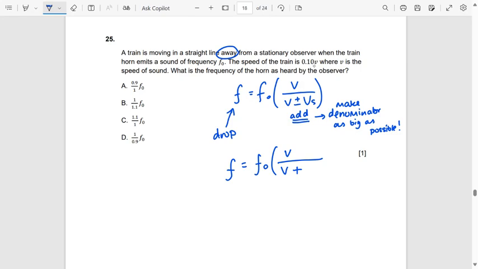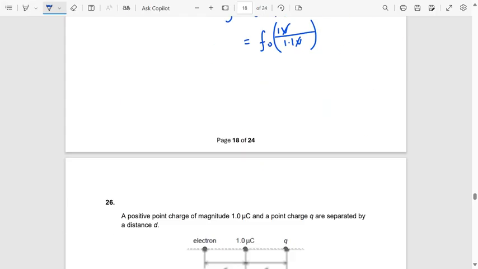So 0.10 v. f0 v divided by v plus 0.1 is 1.1 v. And we can cancel them down. So it's 1 divided by 1.1, so B. We're almost there.